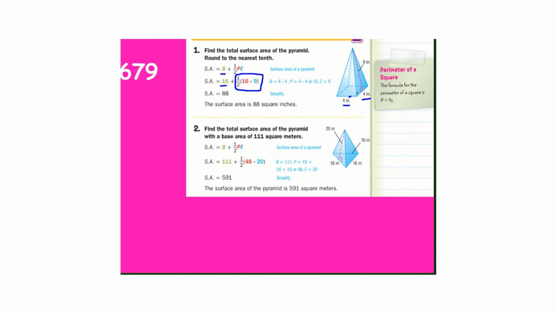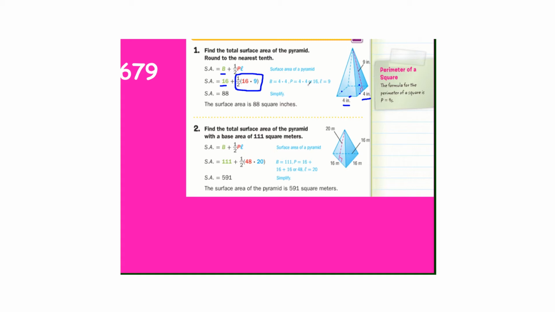The perimeter is 4, 4, 4, 4, 16. 16 times 9 times 1/2. So I'm going to do that on my calculator. You should have your calculators with you today. 16 times 9 is 144. Divided by 2 is 72. Plus the base that it's sitting on is 88.